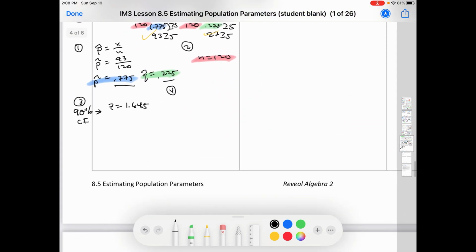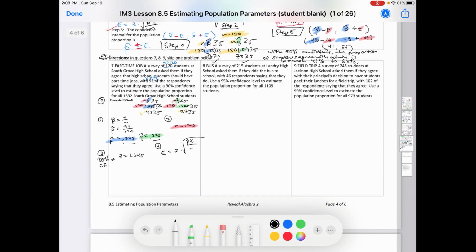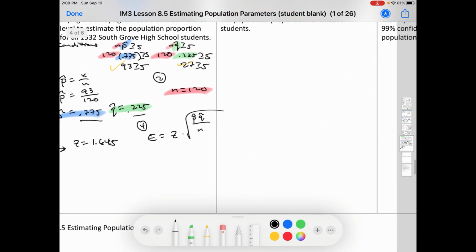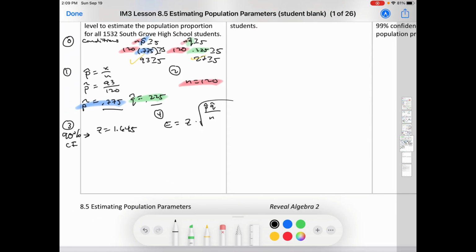Find E. E equals z times the square root. Remember last time we had the standard deviation, but now we basically have p-hat q-hat divided by n. Mathematically, it's the same formula. It's just that we don't have standard deviation, so you can take p-hat times q-hat, the square root of that.